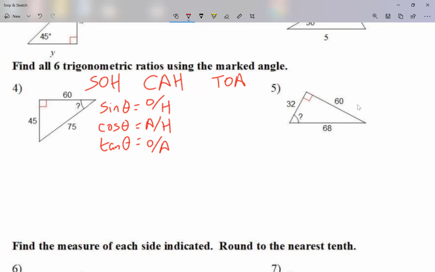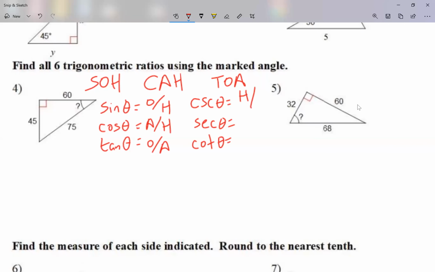But we have 3 others, which we're going to call cosecant of theta, secant of theta, and cotangent of theta. Cosecant is the reciprocal of sine. Remember the reciprocal, when we flip the fraction? So cosecant is going to be hypotenuse over opposite.